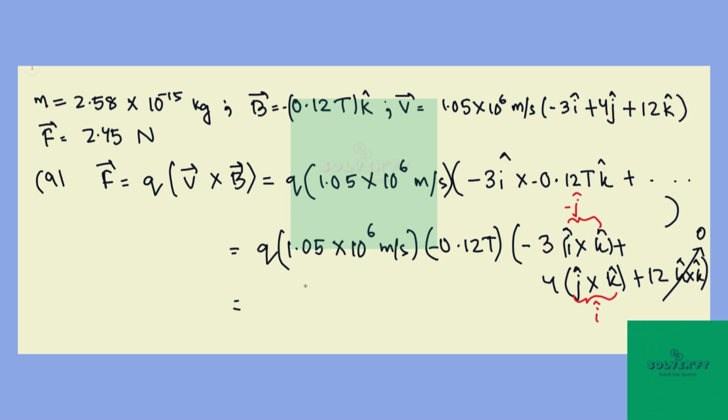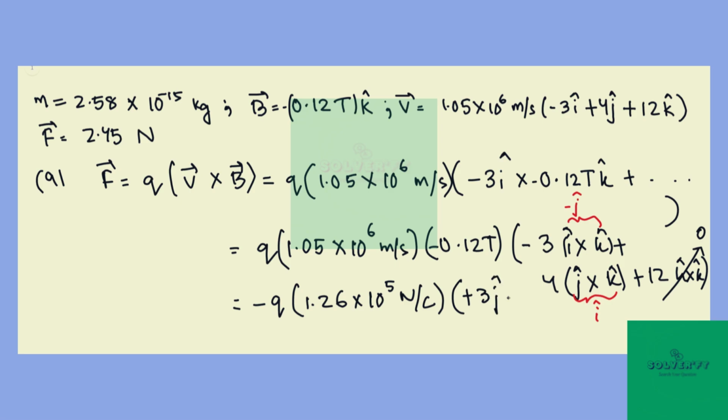So we write that over here, and we get the force to be equal to, basically I have multiplied these two values, and we have plus 3 J cap plus 4 I cap from here. So now we can find the magnitude of the force.